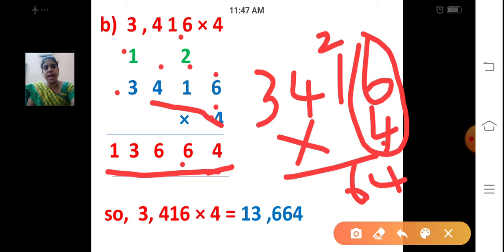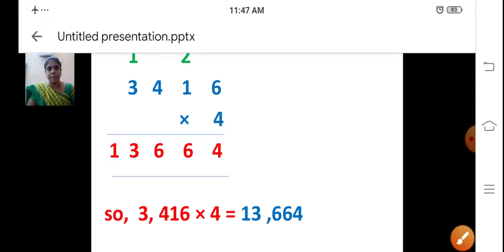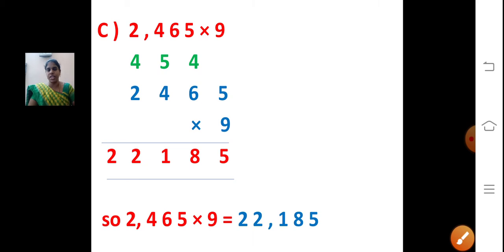Then 4 fours are 16. 6, 1 will be carried over. 3 fours are 12. 12 plus 1, 13. So what's the answer? When you multiply 3,416 into 4, what is the answer? 13,664. So you all know how to multiply a number by a single digit number, right?